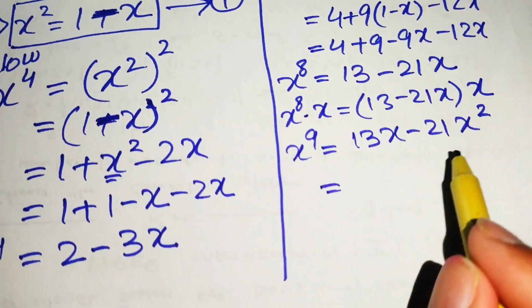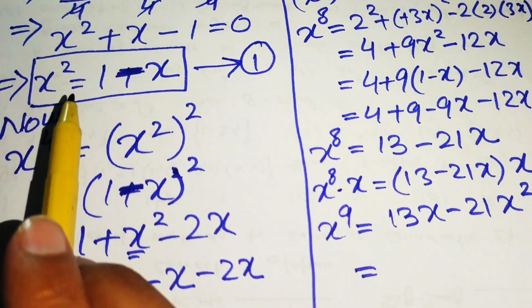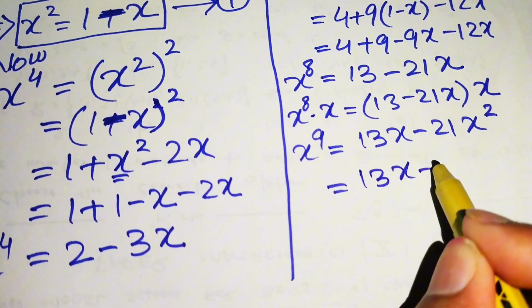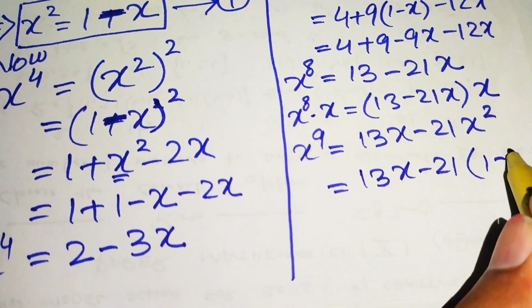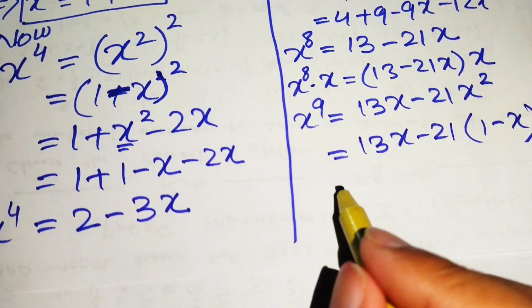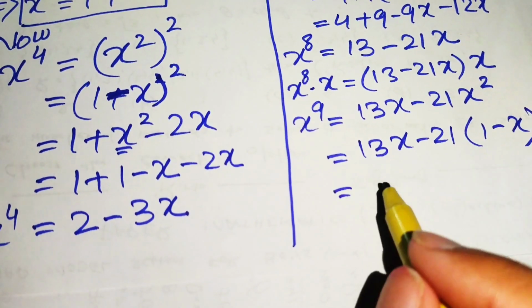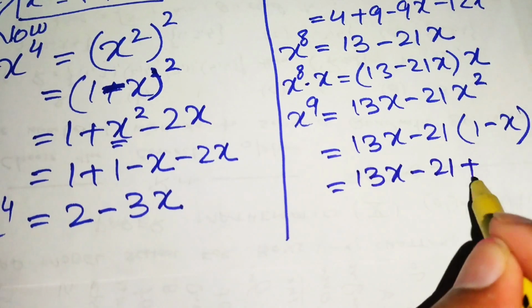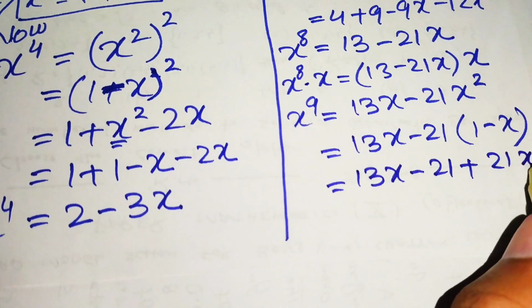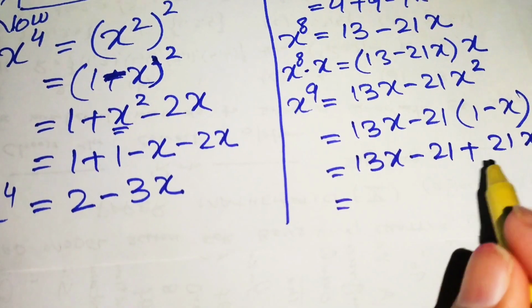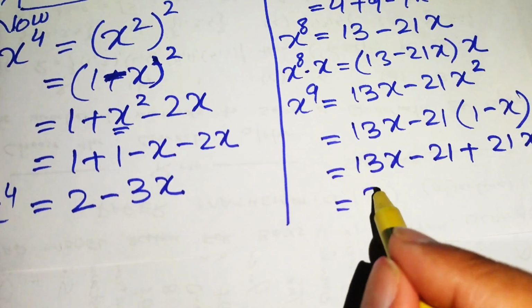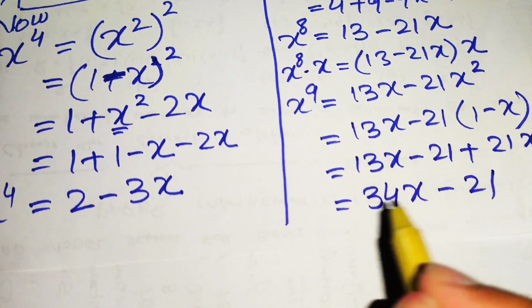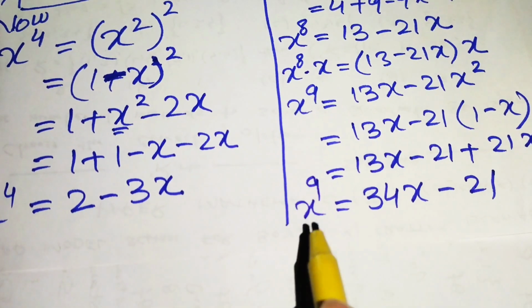Here we substitute again the value of x square, which is 1 minus x. We substitute it and you get 13x minus 21 into (1 minus x). Now we multiply minus 21 on both of these terms and we get 13x minus 21 plus 21x. So we see that 21x plus 13x equals 34x minus 21. So this is the value of x to the power of 9.